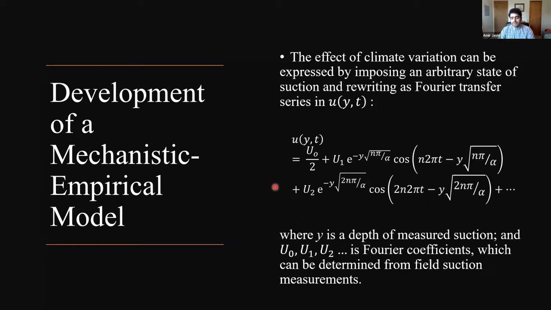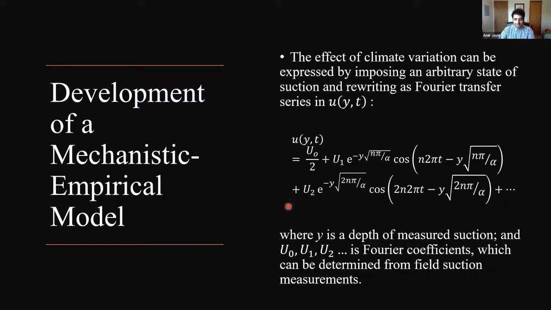All right. Now that we have the equation, we also need to account for the effect of climate variation. To do so, we can impose an arbitrary state of suction and rewrite our equation as a Fourier series transform, and we get this bigger equation, which is very long.